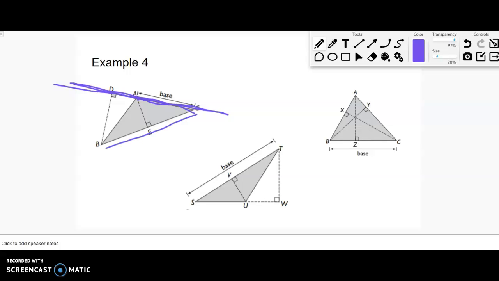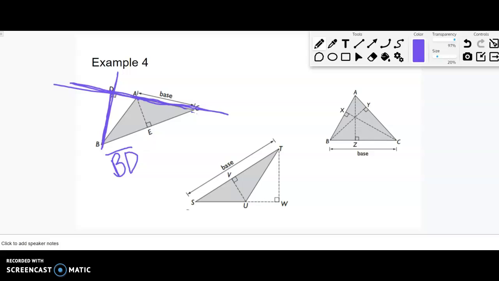Is it that one? Well, those aren't perpendicular either. These ones are perpendicular. So BD would be my height.